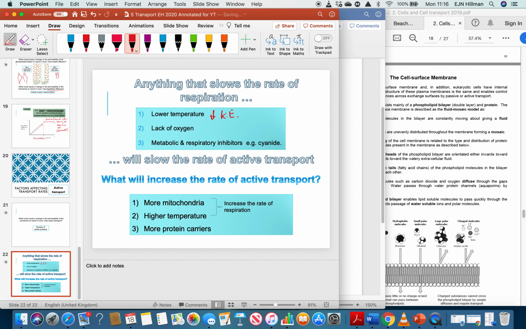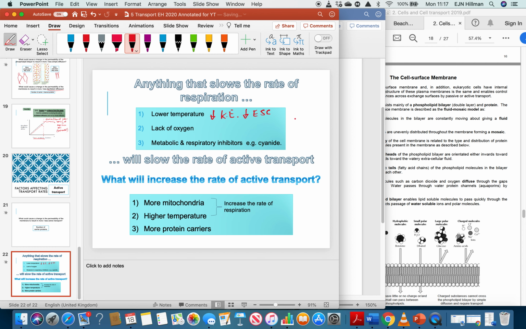With less kinetic energy, there will be fewer enzyme substrate complexes formed, which would mean that the rate at which ATP can be produced in respiration would decrease.